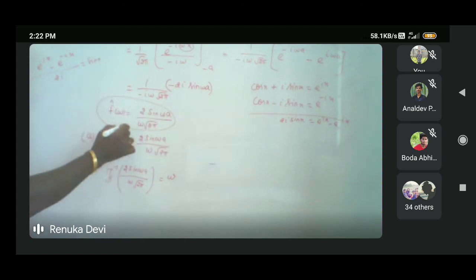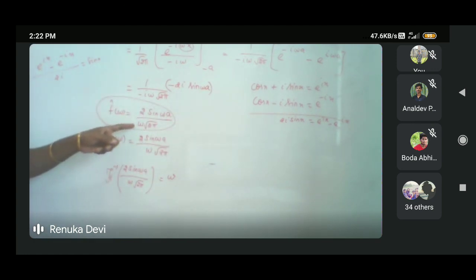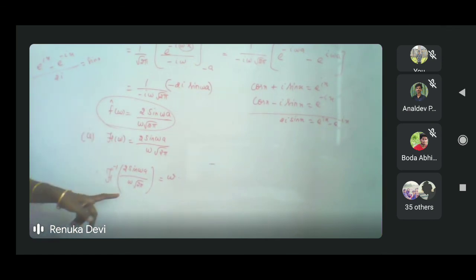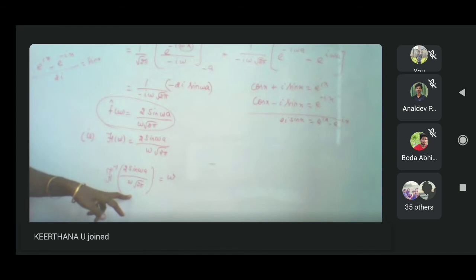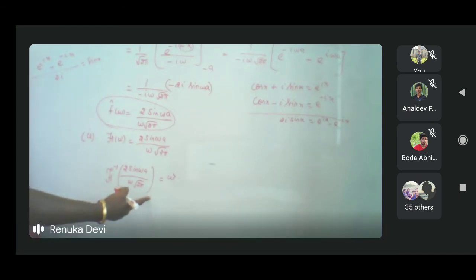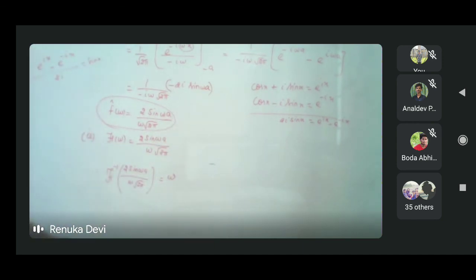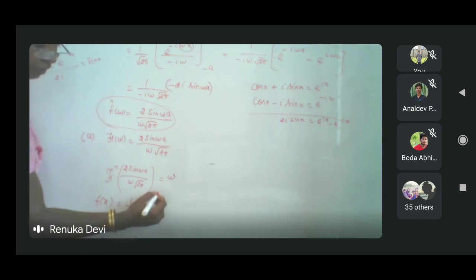So the inverse transform of f cap, that is f inverse of f cap, is defined as, how will you define? f of x is equal to, by the inverse function definition, 1 by root 2 pi, then minus infinity to infinity.